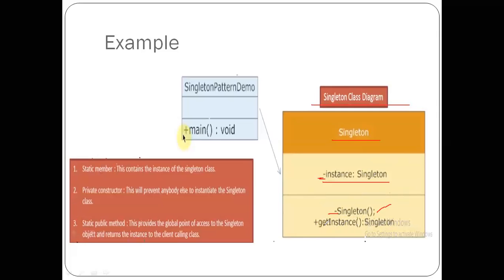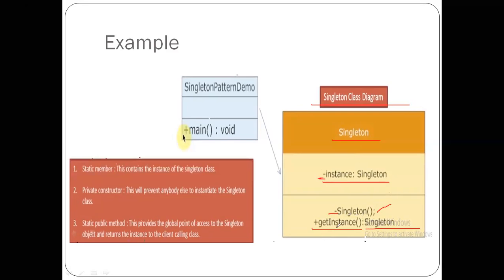And we have one more method, the getInstance method. The getInstance method has a plus symbol, so it provides public access. Through this method we get the Singleton return type.